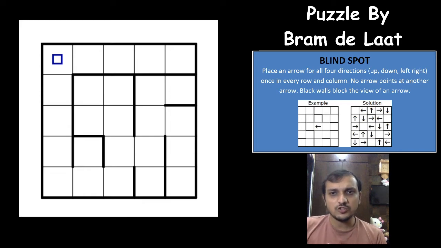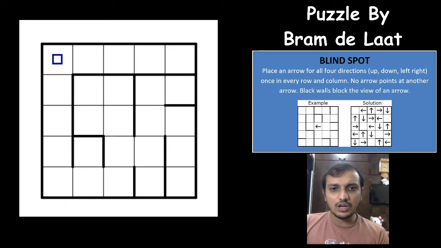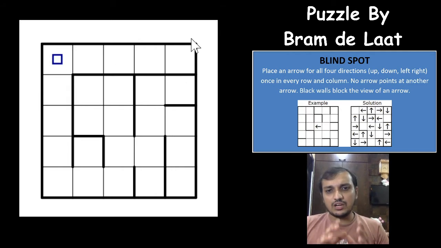And now coming to this puzzle, according to the rules, we need to place arrows in the grid. There will be exactly 4 arrows in each row and column, and all 4 arrows will have to be in different directions. There are 4 directions: left, right, up and down. So this is left, this is up, this is right, and this is down.